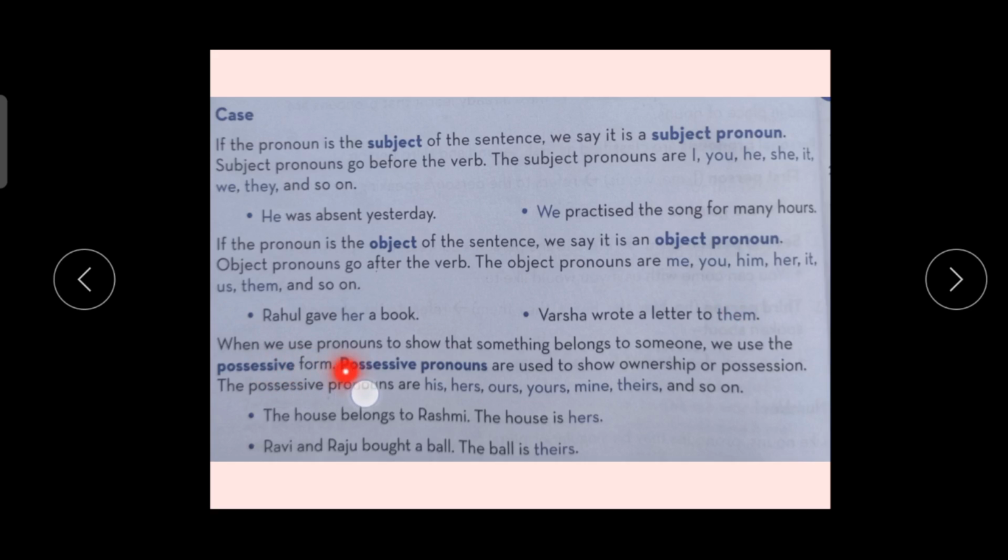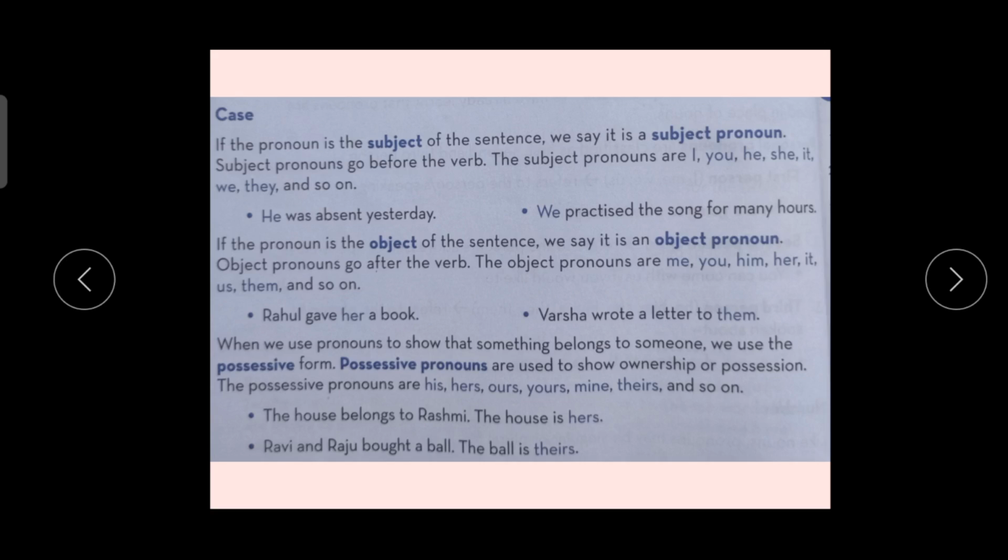When we use pronouns to show that something belongs to someone, we use the possessive form. Possessive pronouns are used to show ownership or possession. Dear students, whenever we tell others that something belongs to someone, we use the possessive form of the pronouns.